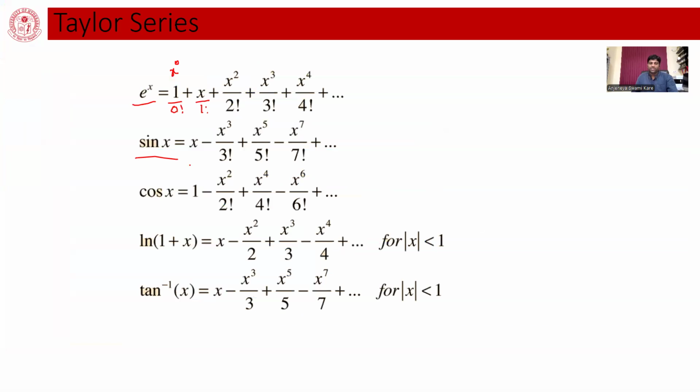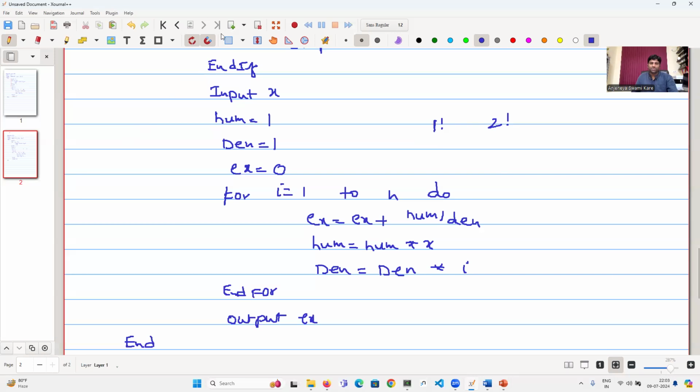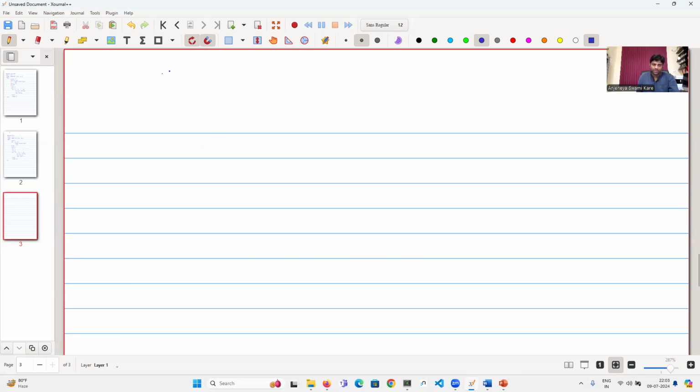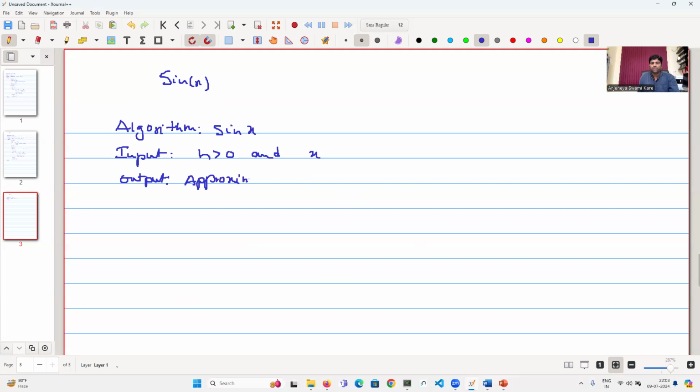Let us see the next problem, sin x computation. Algorithm sin x. Input: n greater than 0 and x. Output: approximate value of sin x.